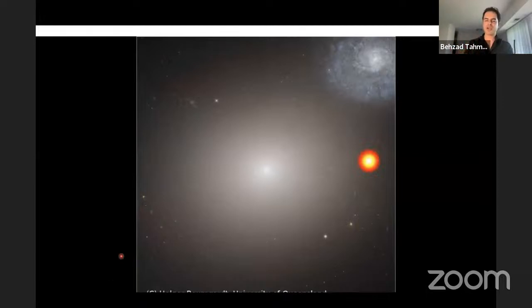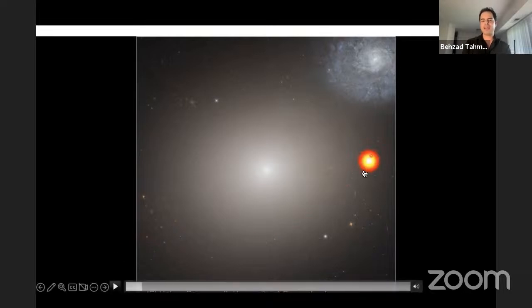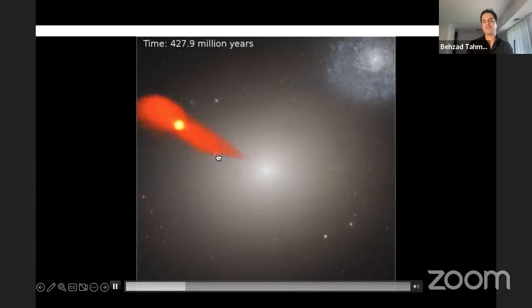If it's a stripped nucleus, it can be similar to the compact elliptical galaxy, in that they gradually start, when they are orbiting around the host galaxy, because of the gravitational tidal effect, the outer shell of these galaxies to strip away.